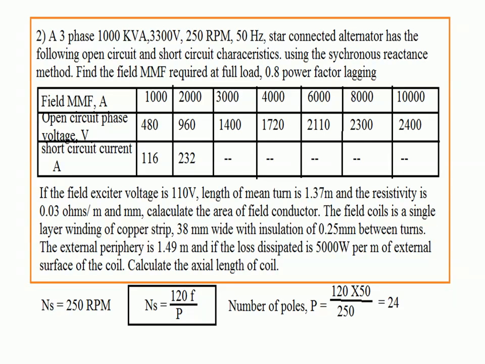Problem number 2. A 3-phase 1000 kVA 3300 volts 250 rpm 50 Hz star connected alternator has the following open circuit and short circuit characteristics. Using the synchronous reactance method, find the field MMF at full load, 0.8 power factor lagging, with the following details.